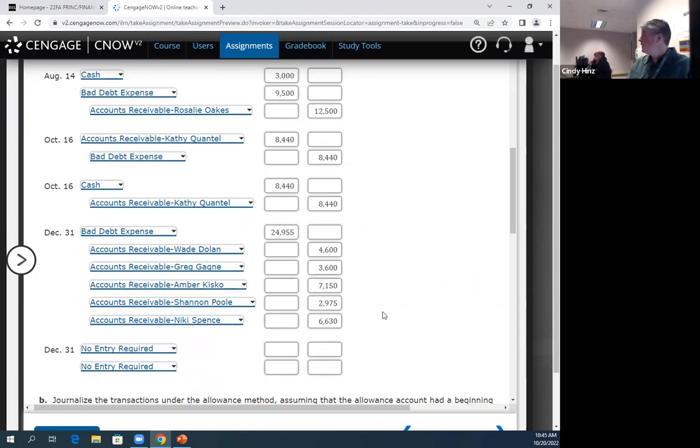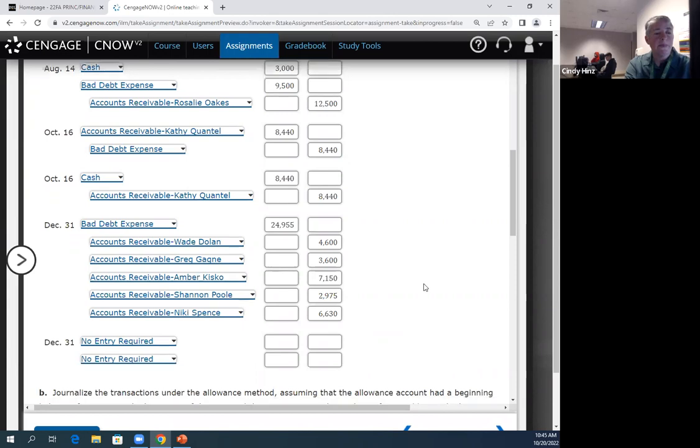If we're using the direct write-off method, we don't ever estimate in advance how much we're not going to collect, how much we're going to write off. We wait until we actually realize an account is not going to be collectible. And at that time, we report the bad debt expense. So that's the direct write-off method.